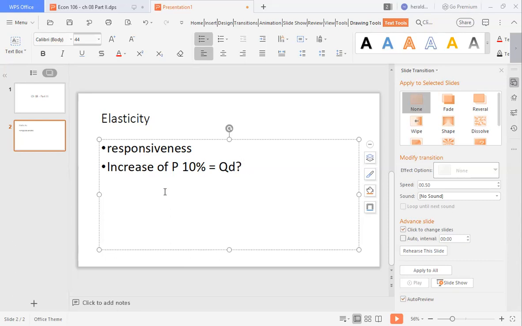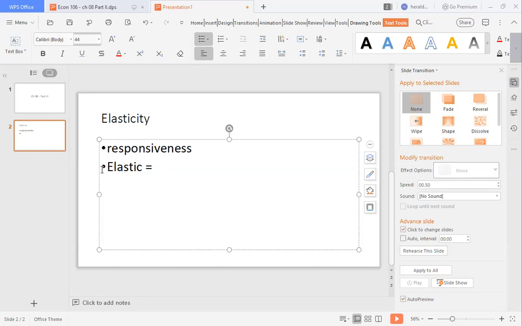Just an overview, class: if consumers are very responsive to the price change, we call the good very elastic, meaning we know that the consumers are very responsive to the price changes. There are factors that allow us to understand elasticity better.